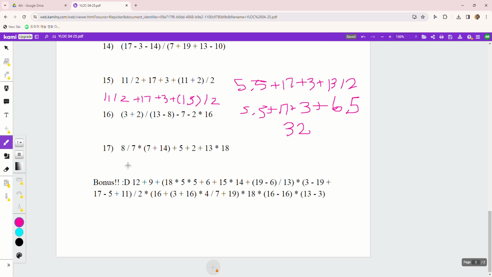Next is number 17. So first you would do what's in the parentheses. So 7 plus 14 is 21, plus 5 plus 2 plus 13 times 18.